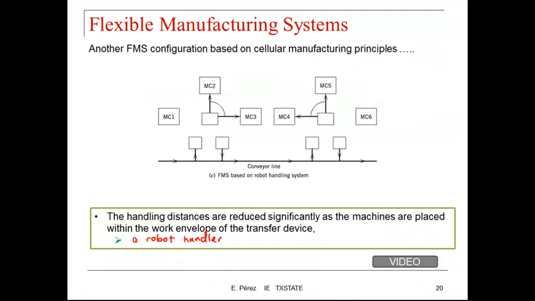Okay, so that's a flexible manufacturing system with a robot handling system in a cell manufacturing environment.